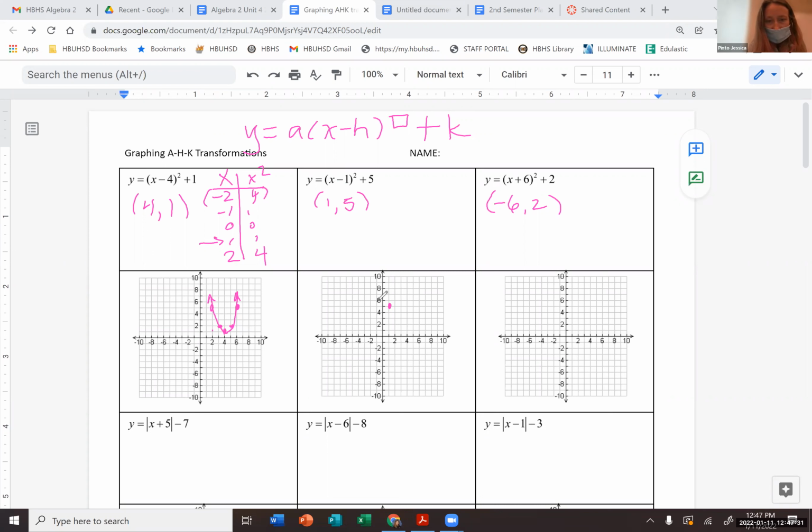Okay. Then I move to the left 1 and up 1. I don't need to plot 0, 0. I've already plotted it. I move to the right 1 and up 1. And then I move to the right 2 and up 4.